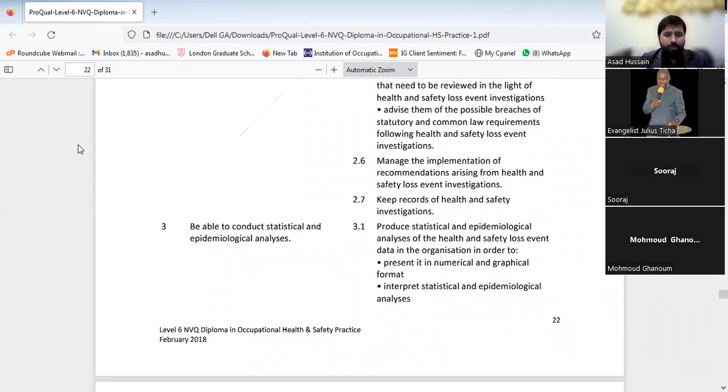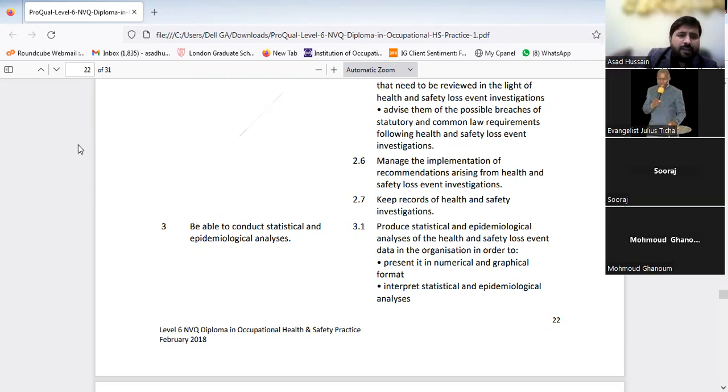Okay, now moving to learning outcome 3, be able to conduct statistical and epidemiological analysis. Statistics is a branch of mathematics that deals with assumptions and suppositions. It is not pure mathematics. It is a study of something on the basis of suppositions and assumptions.